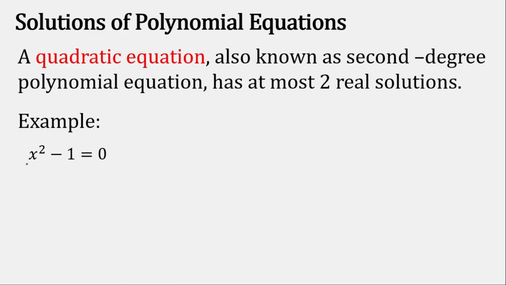Since this is a difference of two squares, all we have to do is separate them and factor them in this form. If you want a tutorial on how to factor a difference of two squares or factoring techniques for quadratic equations, I will make a video on that and post it here.